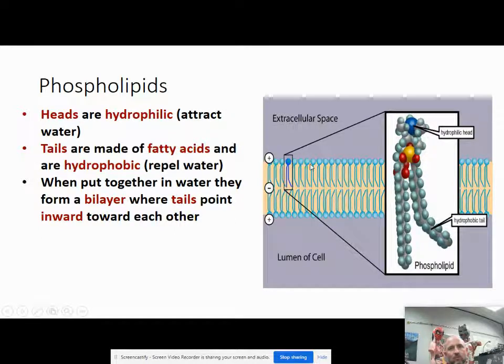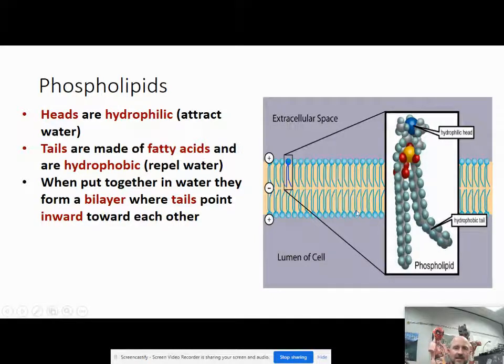But these tops like water, so outside of your cell is water. Think of your blood, mostly water. And the inside of your cell and the cytoplasm is very watery. By the way, lumen means inside. So you've got water, water, and then these heads want to go towards the water, and the tails turn away from the water. So they're like, get away, I hate water. And up here, they're like, I love water.